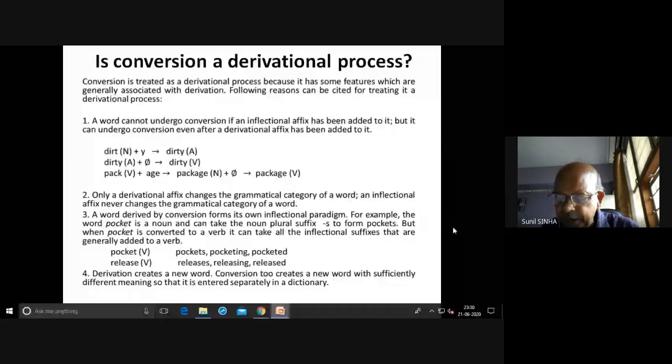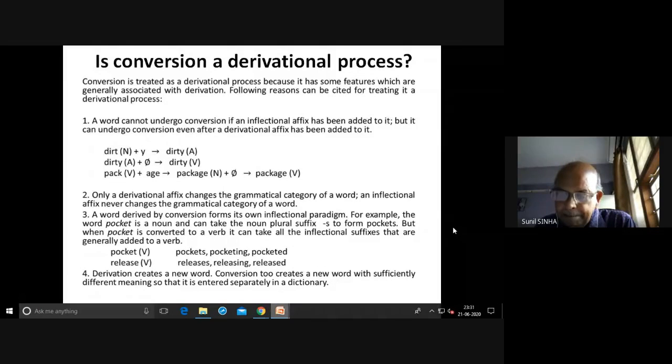We add age to it. We get package, which is a noun. Now, in dirty and package, some derivational morpheme has been added. With dirt, we have added y. With pack, we have added age. So this is a clear-cut case of derivational process.